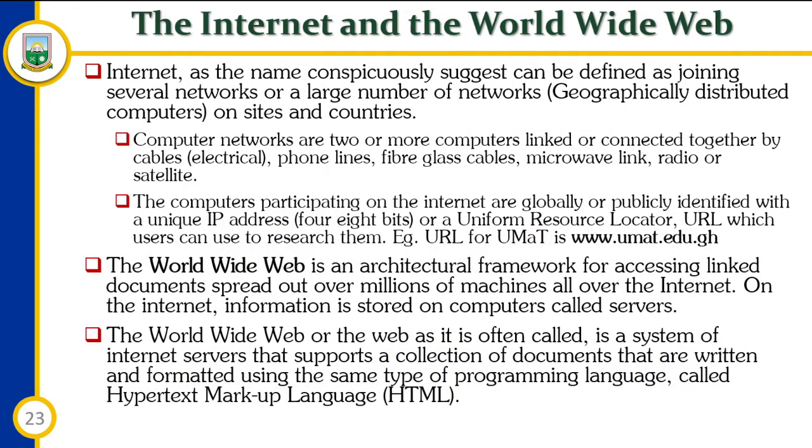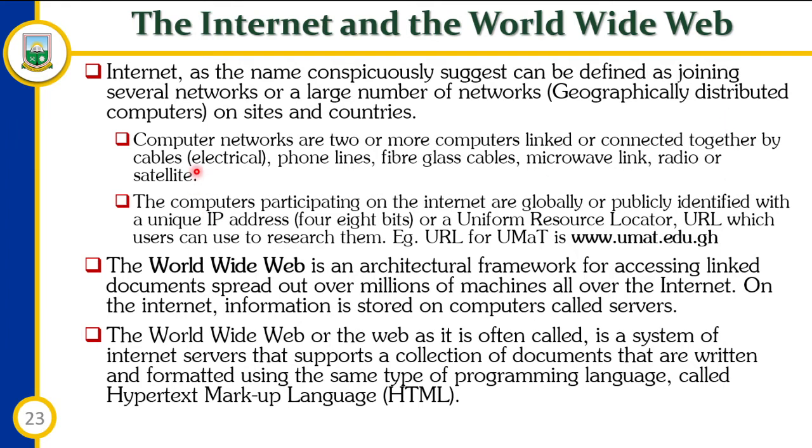So briefly, let's talk about the internet and the World Wide Web. The internet, as the name suggests, can be defined as joining several networks or large networks of computers, geographically distributed computers, on site and also in country.